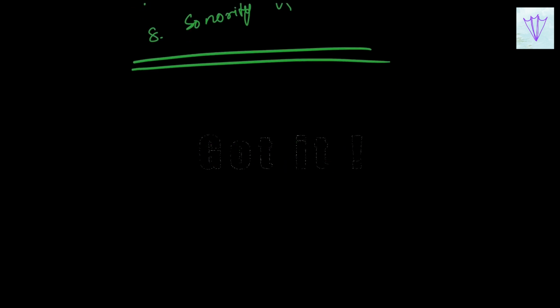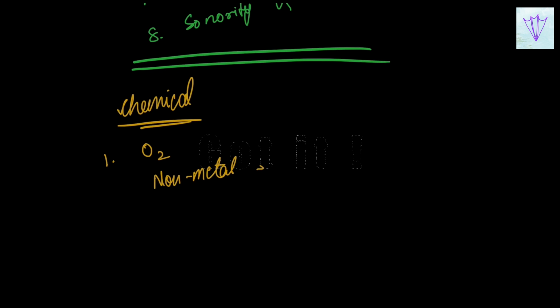Now we'll go and study the chemical properties. The first is the reaction of non-metals with oxygen. Non-metals form respective non-metallic oxides. So non-metal plus oxygen will give rise to non-metallic oxide.